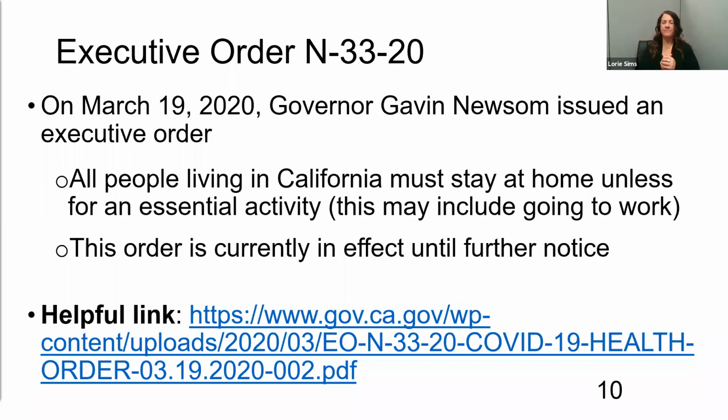So Governor Newsom on March 19th, 2020, issued an executive order that essentially said that all people living in California must stay at home unless for an essential activity. That may include going to work, going to the hospital, going to a doctor's appointment, groceries, things of that nature.